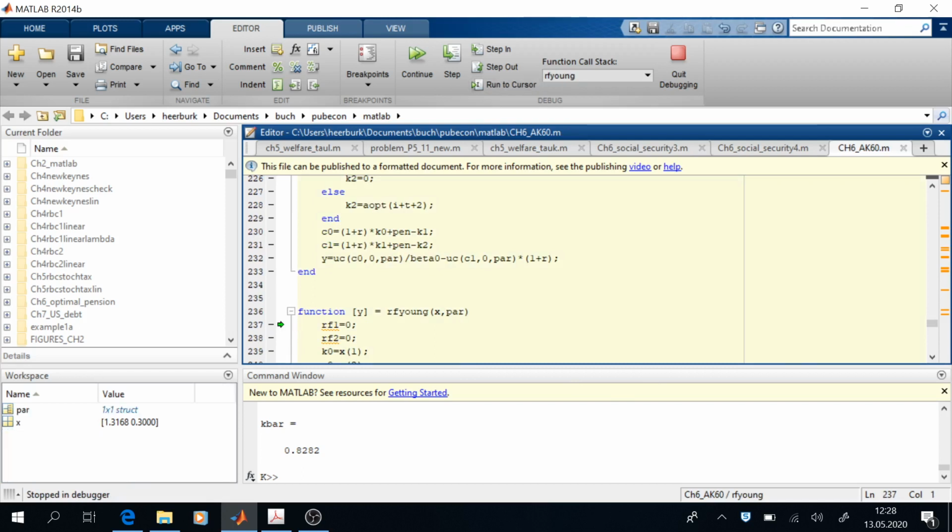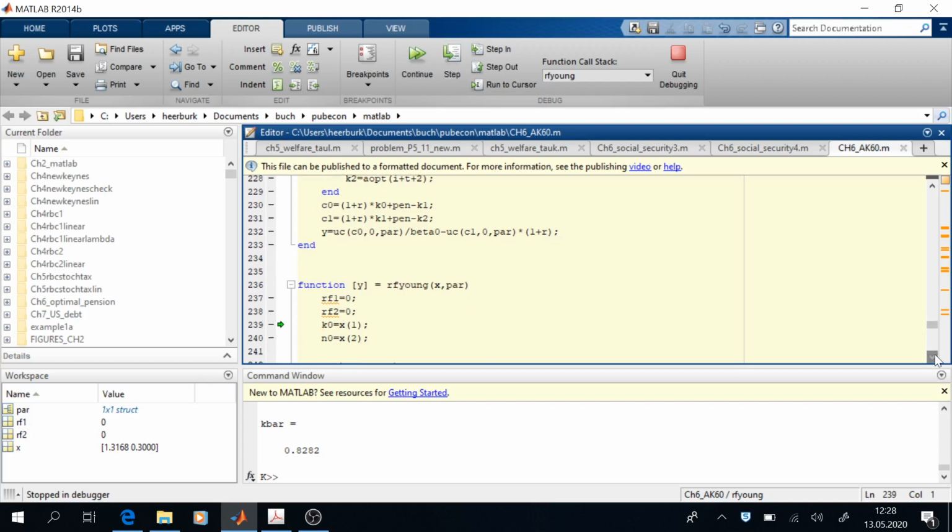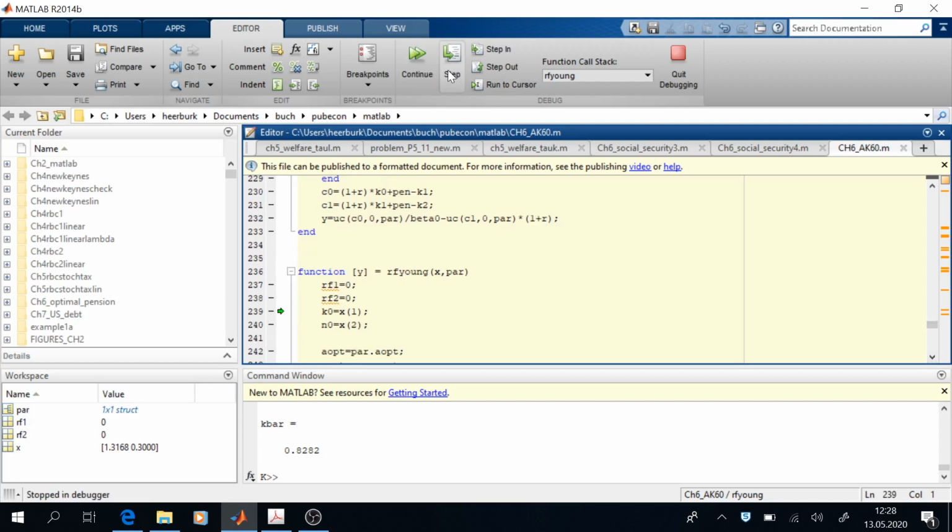So we have two equations, which we name RF1 and RF2, which we would like to solve. The initial wealth is our guess here. That's what we want to solve for, K0. We have our labor supply at age 40, which is our variable N0.